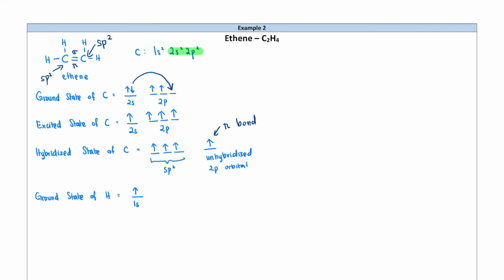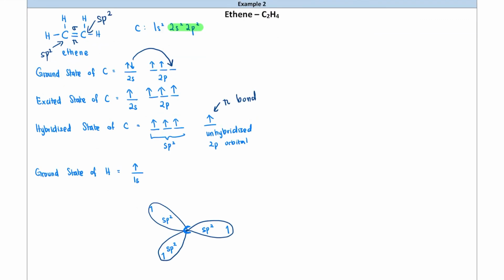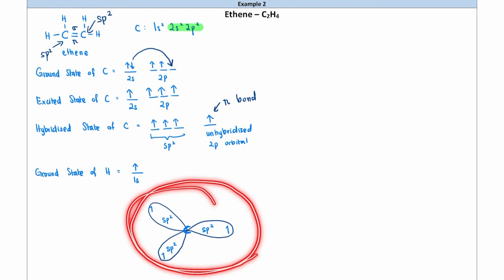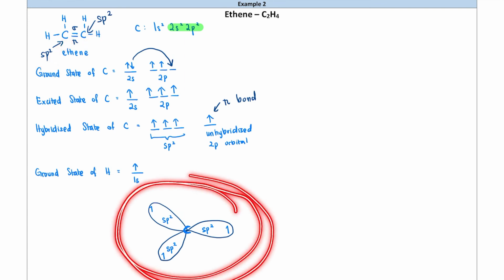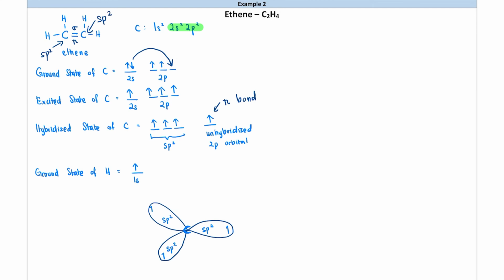Next kita kena draw lah. So drawing macam biasa, this is still sp2 hybrid orbital. That means we are going to draw trigonal planar shape. So this is the trigonal planar shape of carbon. But over here there are 2 carbon and both carbon adalah sp2 hybrid. So maksudnya I need to draw another structure yang macam ni, tapi dekat sebelah sini lah.